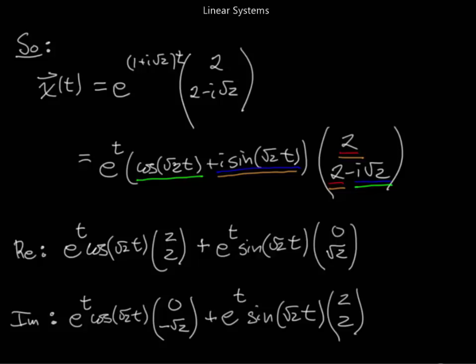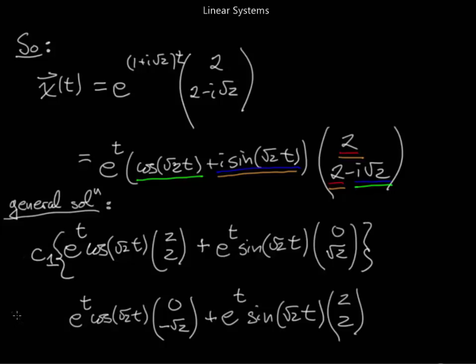And now, as usual, like back in the business about higher order equations earlier, you do this trick. So then the general solution is, well, I'm just going to erase this word real here. I'm going to say it's C1 times this thing plus C2 times the other one, where C1 and C2 are real. So that's how you find the solution to an equation with complex eigenvalues.